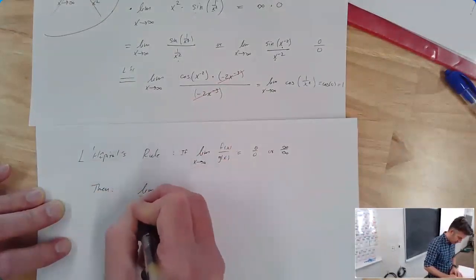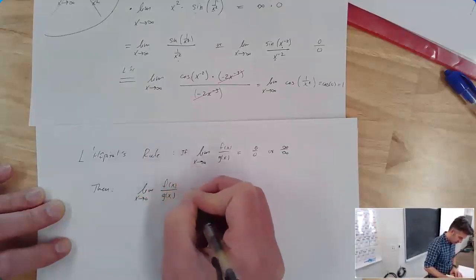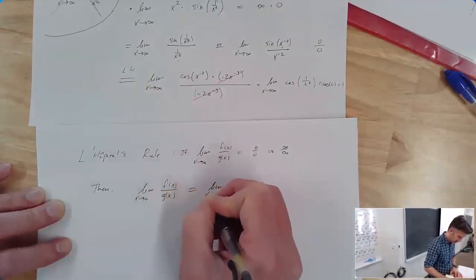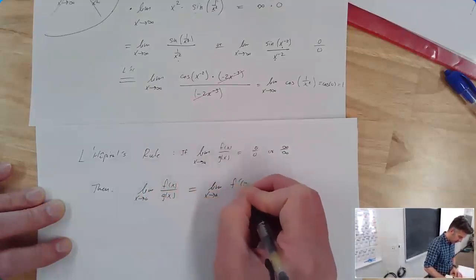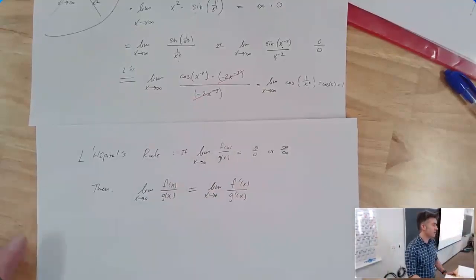The limit as x approaches a of f of x over g of x is equal to the limit as x approaches a of f prime of x over g prime of x. That's what L'Hopital's rule says. So that's what we're doing here.